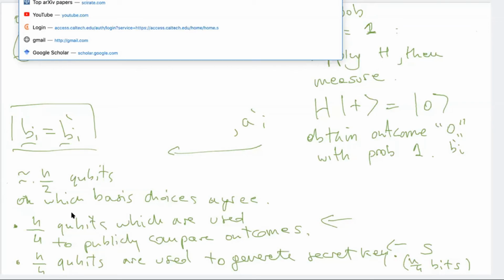It looks uniformly random to an eavesdropper. They can use it to do encryption with utmost security. If you want to keep this level of security, which is called information theoretic security, secure even against computationally unbounded adversaries, you actually can't make it much more efficient than this.